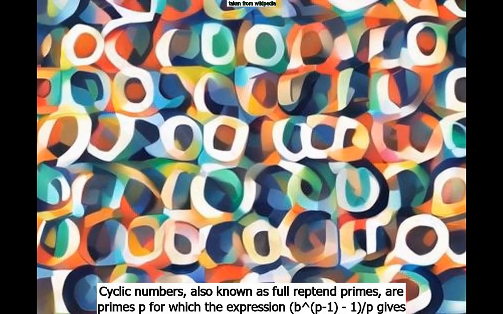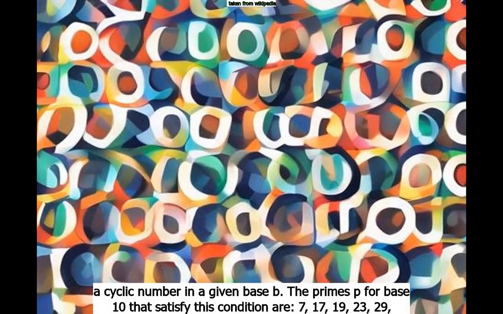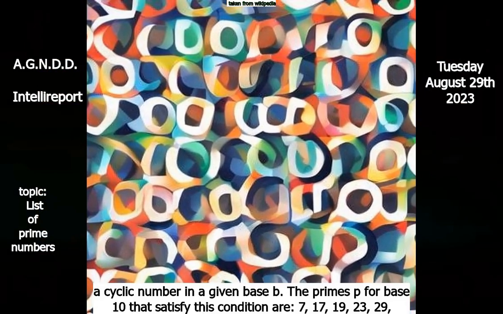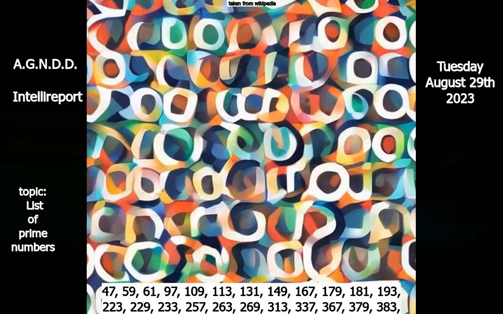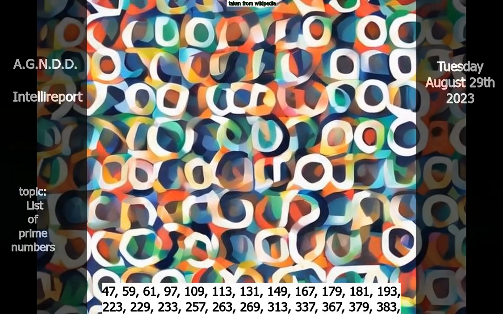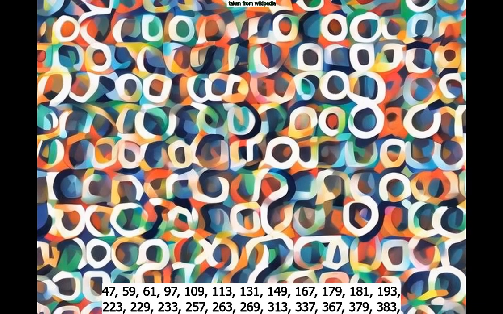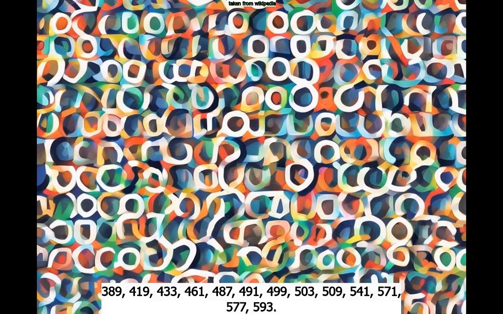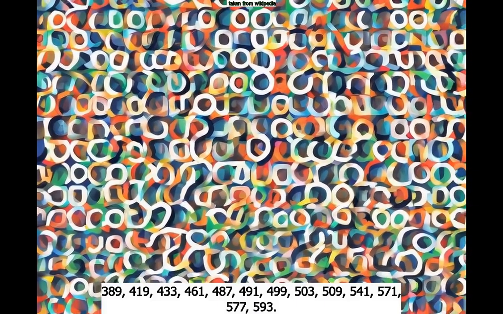The primes p for base 10 that satisfy this condition are 7, 17, 19, 23, 29, 47, 59, 61, 97, 109, 113, 131, 149, 167, 179, 181, 193, 223, 229, 233, 257, 263, 269, 313, 337, 367, 379, 383, 389, 419, 433, 461, 487, 491, 499, 503, 509, 541, 571, 577, 593.